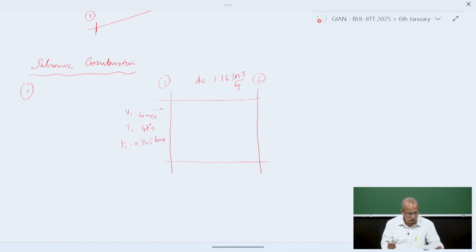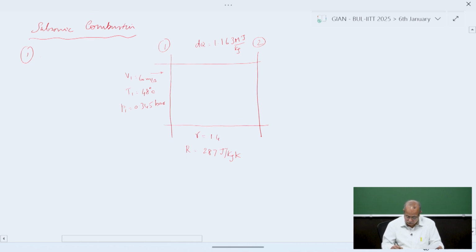Assume that friction is negligible and the cross-sectional area is constant, and the properties of the gas mixture are equivalent to air, which means R is equal to 287 joule per kg K, gamma is 1.4, and Cp is equal to gamma R by gamma minus 1, from the relationships between Cp by Cv and Cp minus Cv.